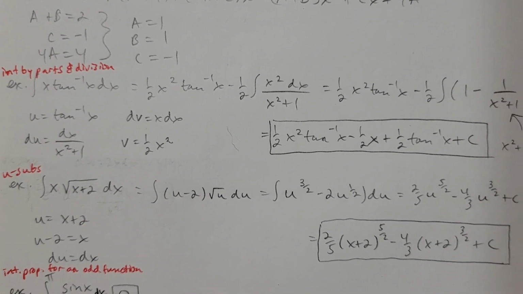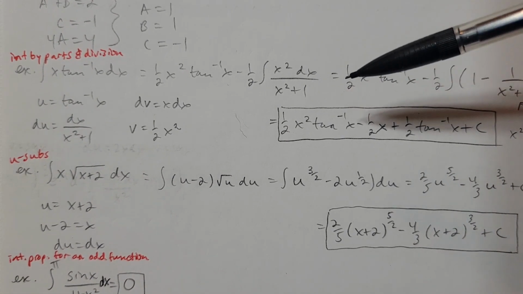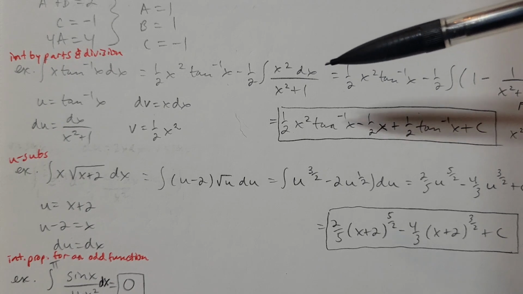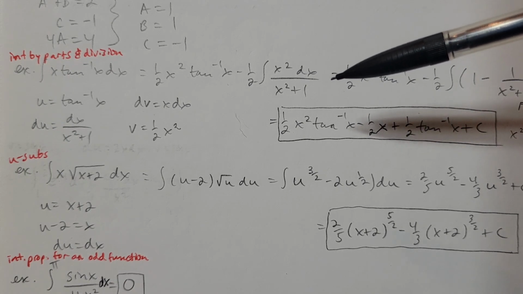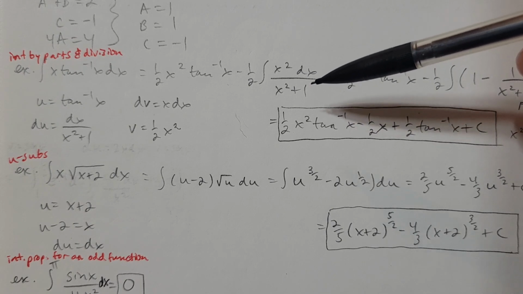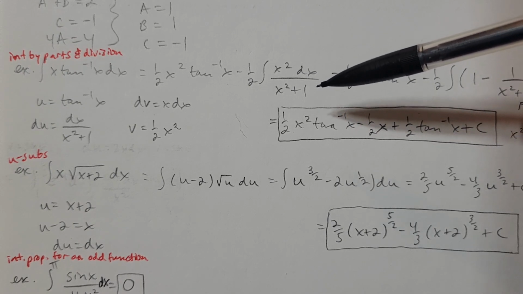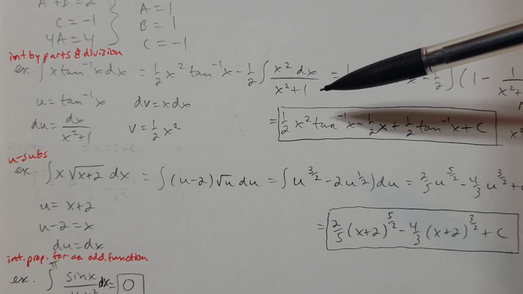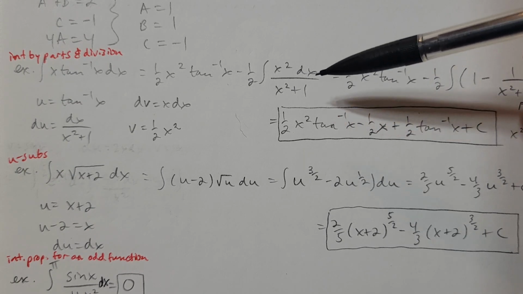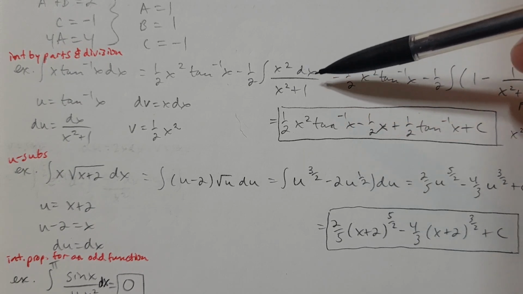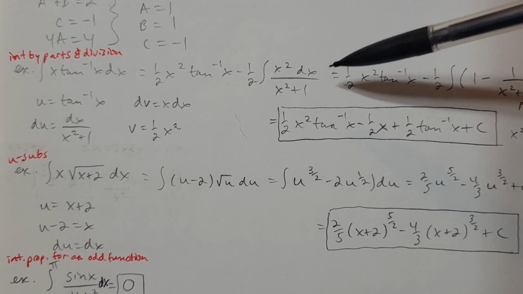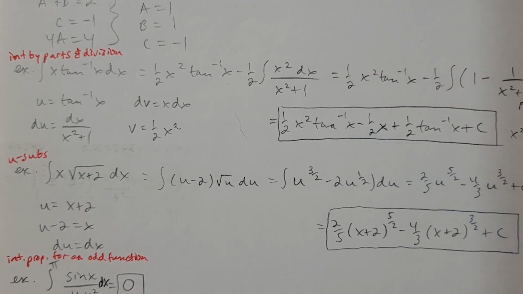Now the next thing is that because these powers match, I'd want to use division. I guess the only other thing that I'd be thinking of is a u substitution. That's not going to work though, because if I let u be the denominator, u equals x squared plus 1, du would be 2x dx. I don't have an x dx, I get an x squared dx up top. So that's not going to work.